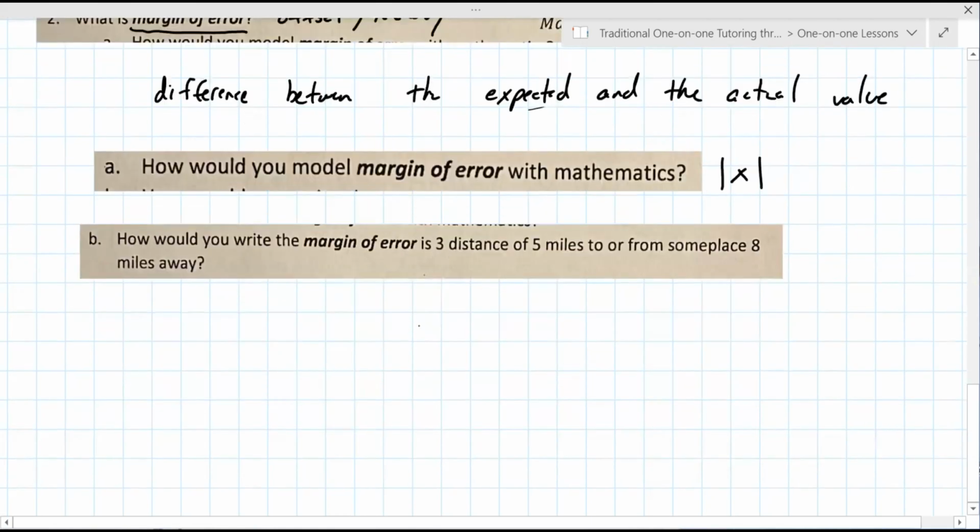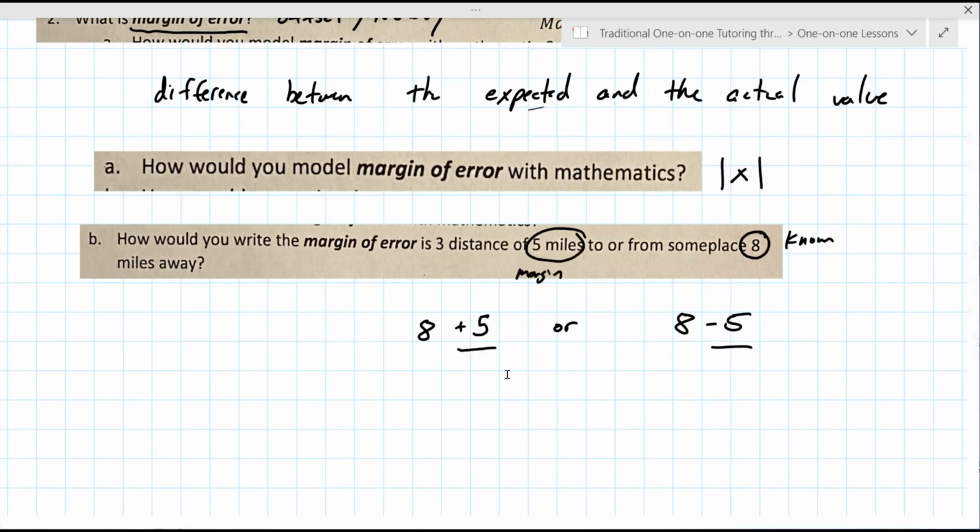I think what they're saying is that it could be 8 plus 5, or it could be 8 minus 5. Because the 8 is the known value, and this 5 is your margin. So you always add the margin and then you subtract the margin.